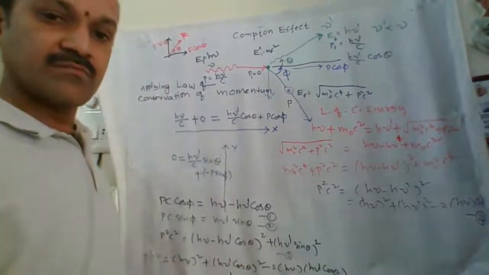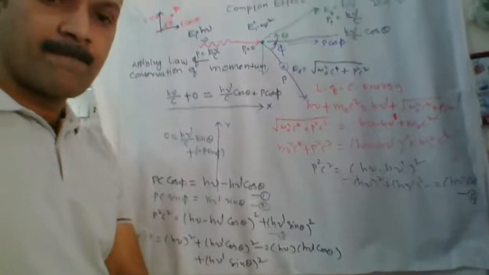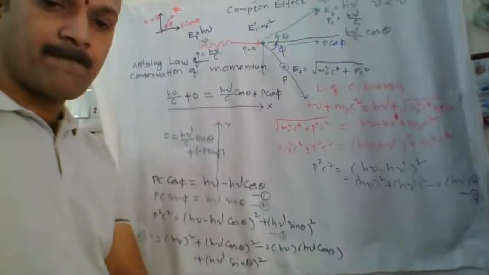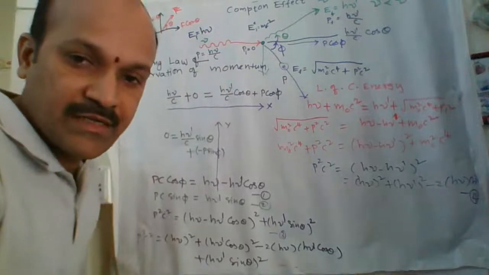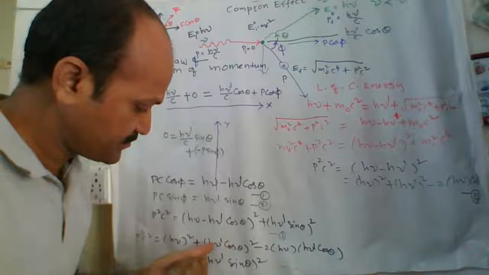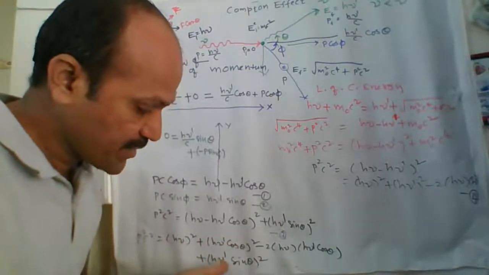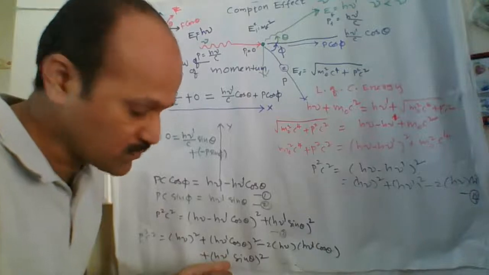After expanding it, see here. After expansion, h nu dash cos theta whole square and h nu dash sin theta whole square.